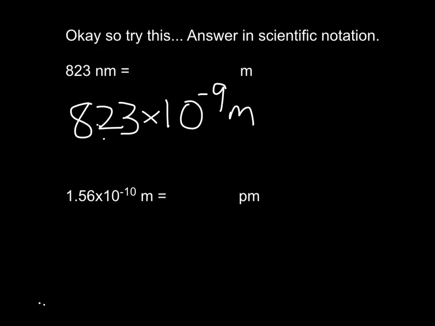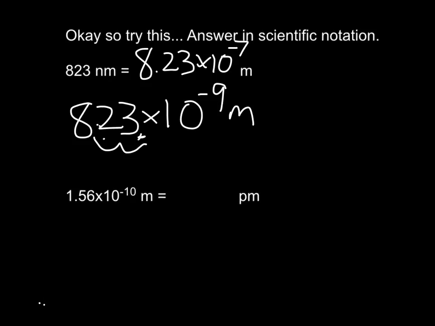So I need to take my decimal, which is right here, and move it 1, 2 spaces to the left. Because I'm moving it to the left, that's in a positive direction, so I've actually got to add 2 to my exponent there. So negative 9 plus 2, my answer is 8.23 times 10 to the negative 7th meters.